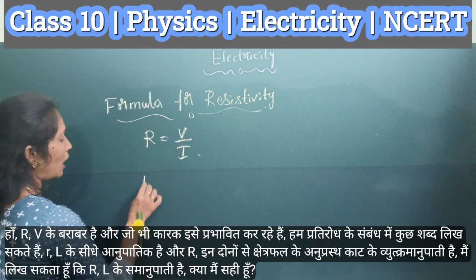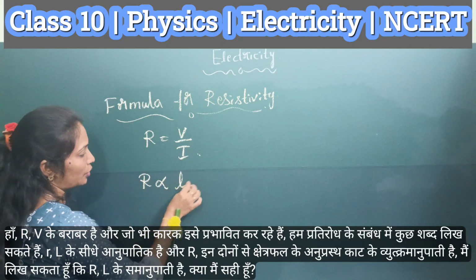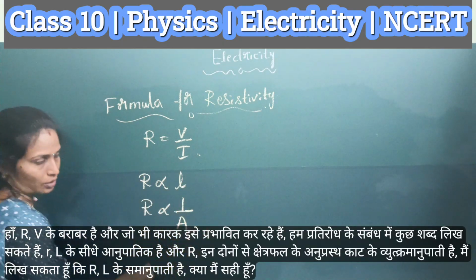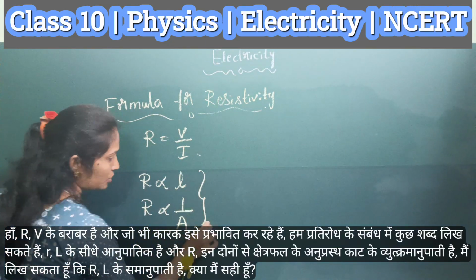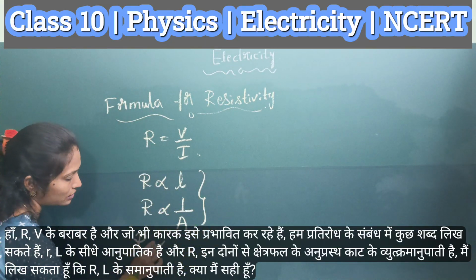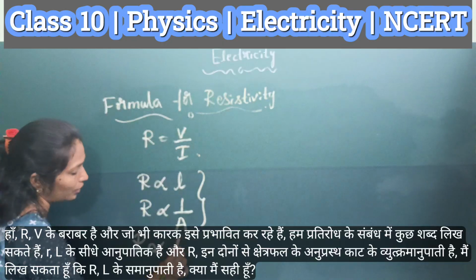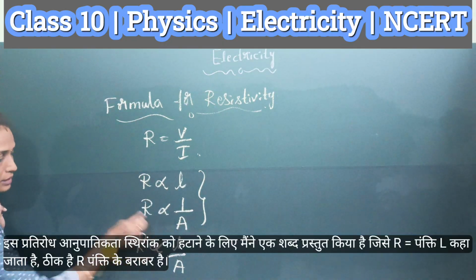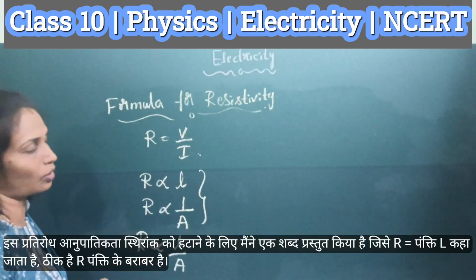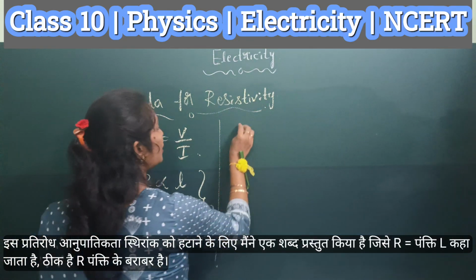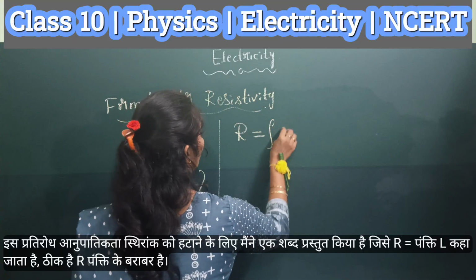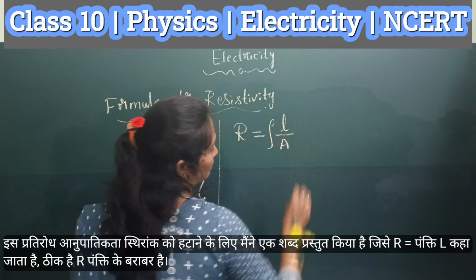R is directly proportional to L and R is inversely proportional to the area of cross section. From these two, I can write R is proportional to L by A. Am I right? To remove this proportionality, I introduced a constant, so R is equal to rho L by A.